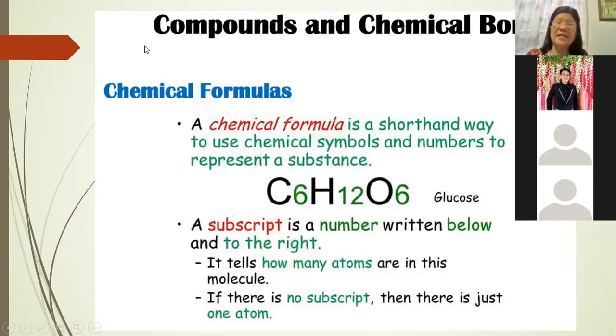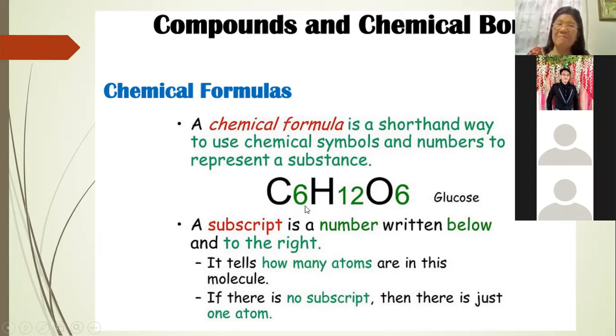Next thing is, let us look into the different formulas. What is a chemical formula? A chemical formula is a shorthand way of using chemical symbols to represent a substance or a molecule. For instance, the chemical formula of glucose is C6H12O6.